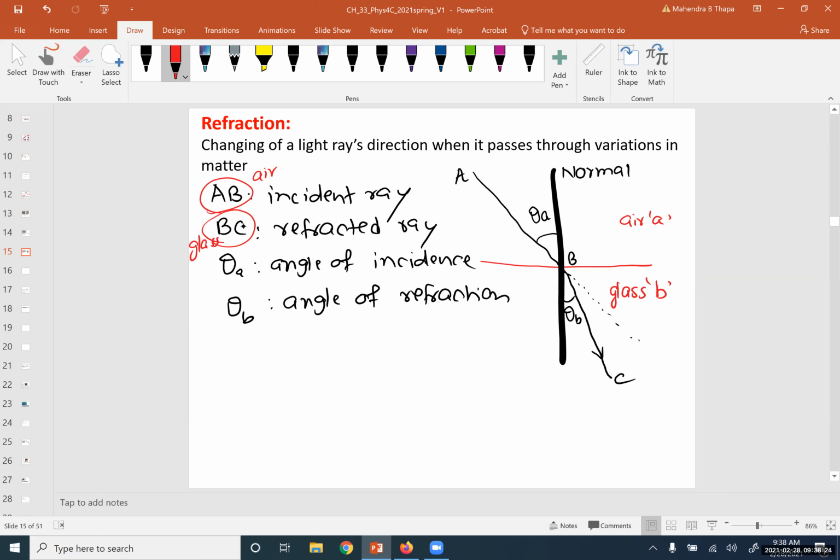Okay, so as in reflection, we have two laws.